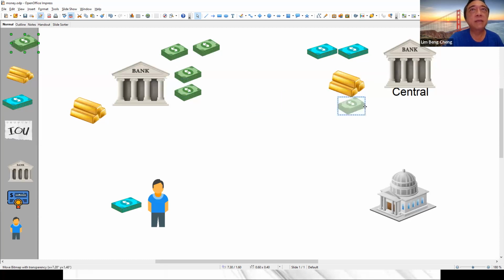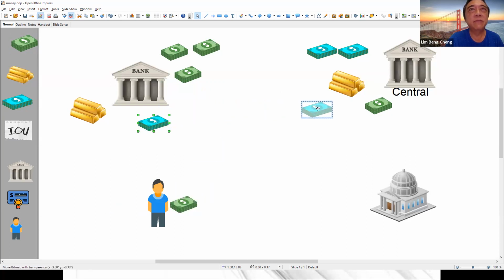And then for ordinary people, they take the old currency, they give it to the bank, and then the bank gives them the new currency. And the bank will exchange. And now we find that we are now having all the new currency. The old currency will all be eliminated. The gold will be kept.